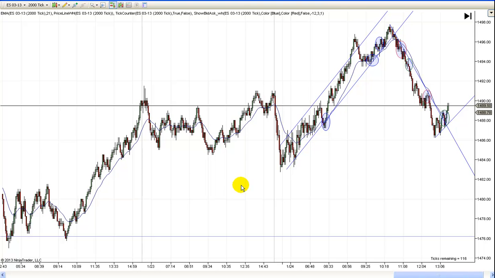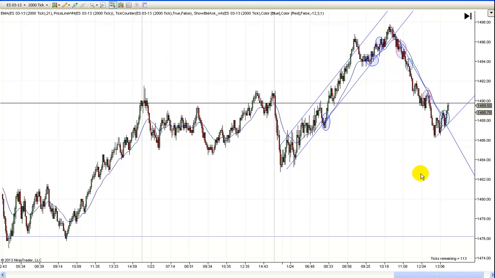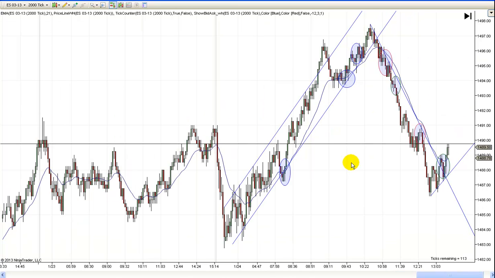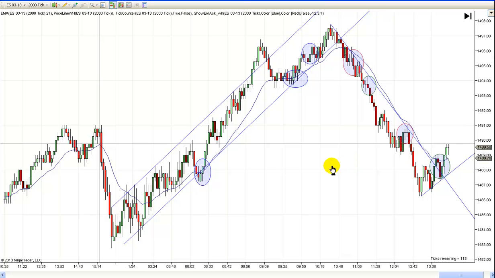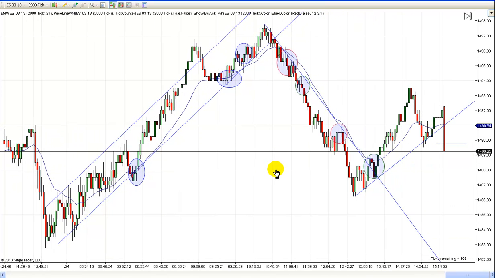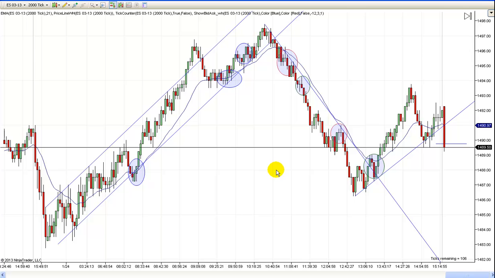That's pretty obvious right there: you've got a leg up, a correction, then a leg up. Most anybody should be able to see that if they look at it, and you're not looking at multiple charts, and you can still see it. So anyway, I wanted to point that out before I said anything else.